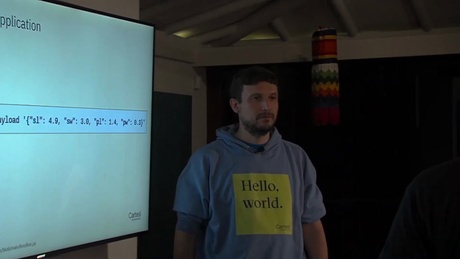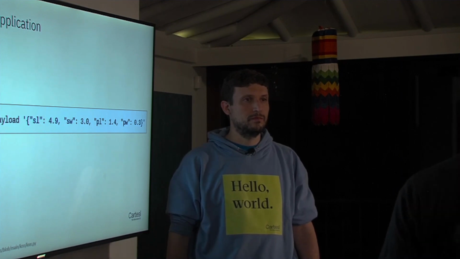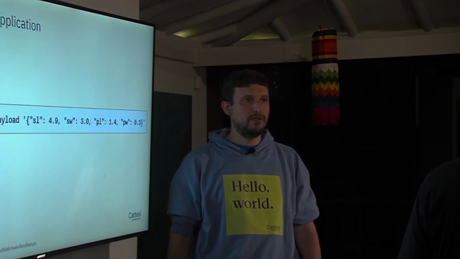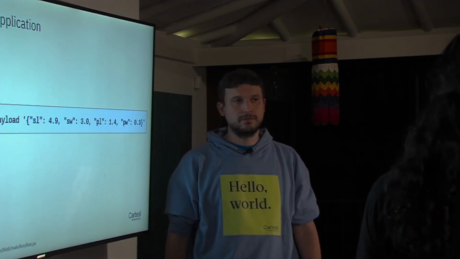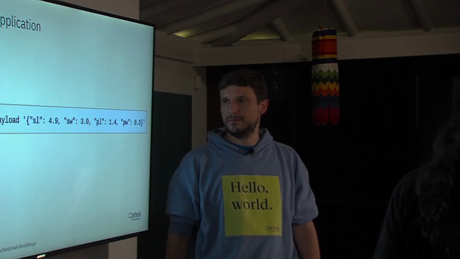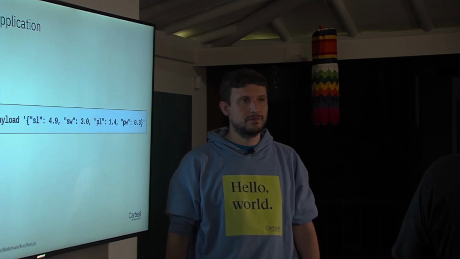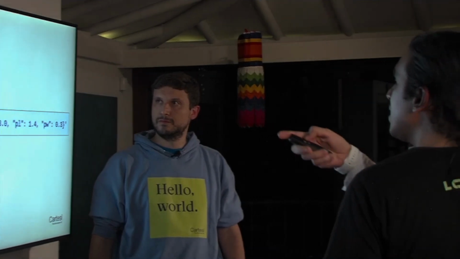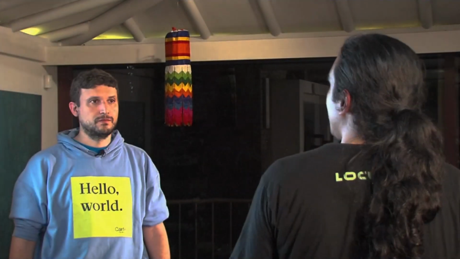Yeah, these four measurements are used for the classification. You have a new example without its label. Okay, let's see what species this flower is. So this is the payload we are sending to the DApp.